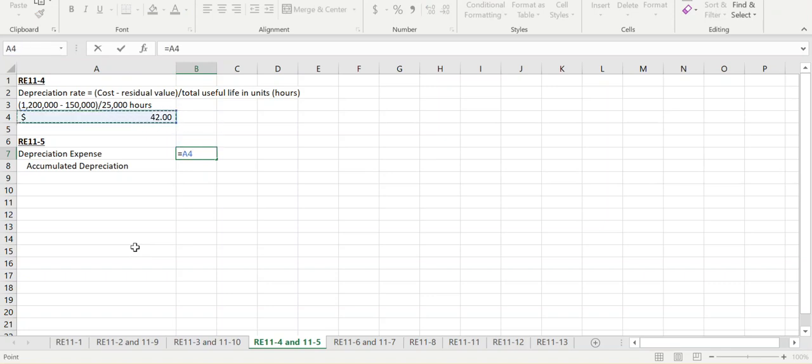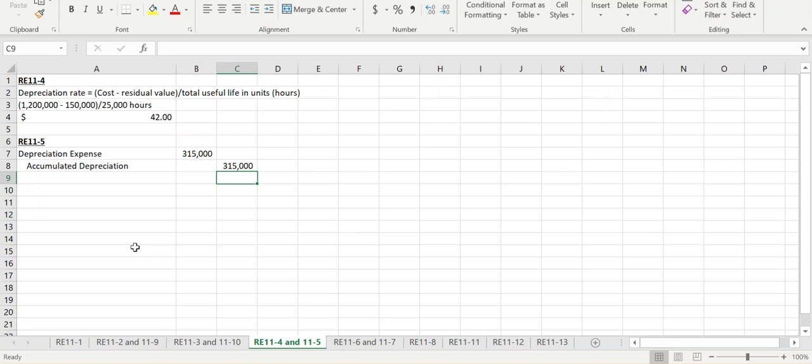So it would be $42 times the 7,500 hours that we utilized that asset. So in year one, we would record $315,000 in depreciation expense. If next year we use the asset for 9,000 hours, we would take 9,000 times 42.